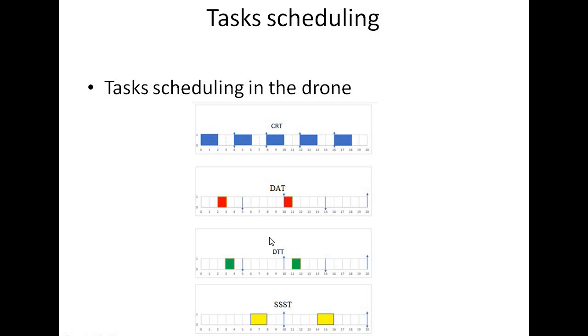In this example, time units can be equal to milliseconds. So 10 time units is equal to 10 milliseconds. The third task can be executed from 3 to 4, and the period of this task is around 10 milliseconds.